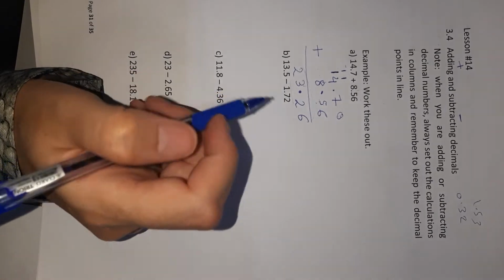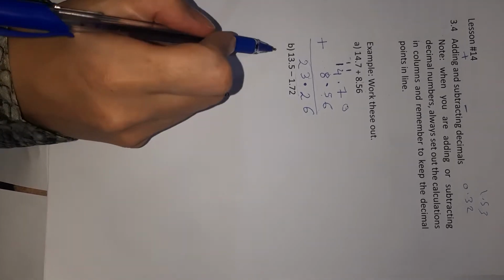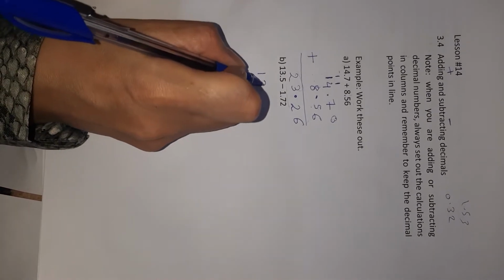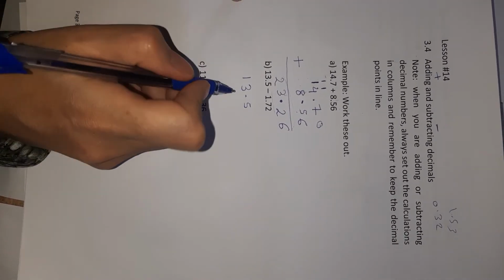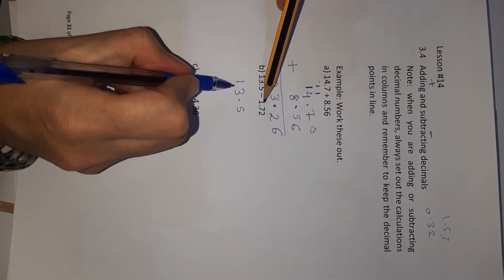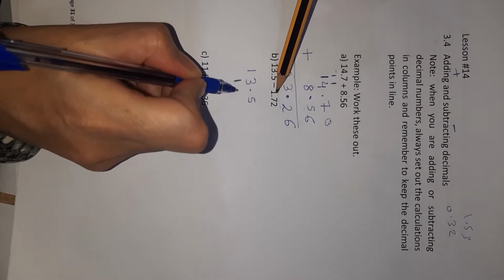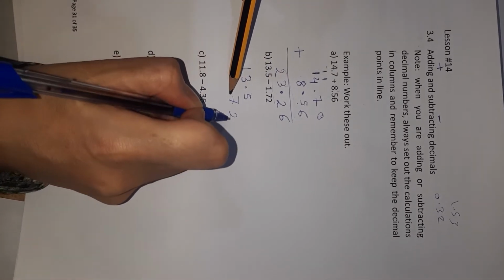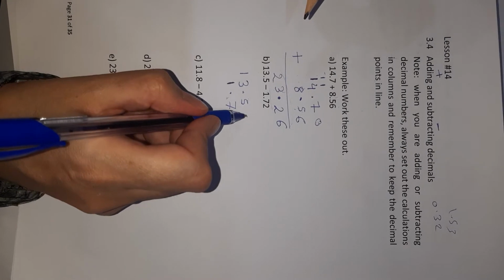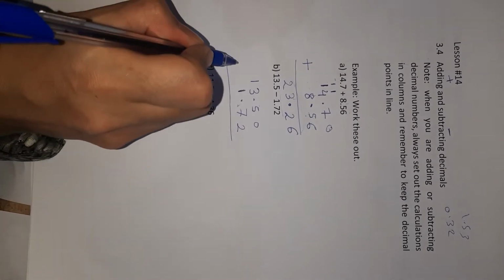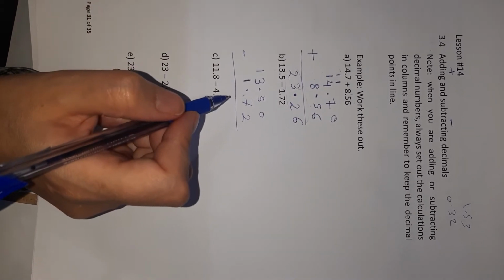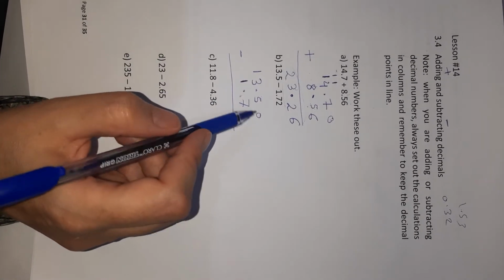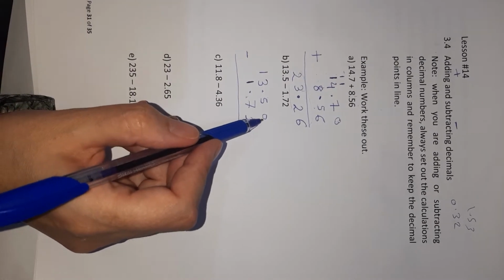Now subtract. Let's take this example. 13.5 minus 1.72. Here write 13.5. Here the ones put under the 3, the point, 7 under 5, the tenths, then 2. Here the blank space means 0. Now subtract. Start with the hundredths column.